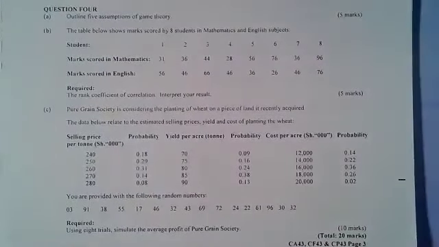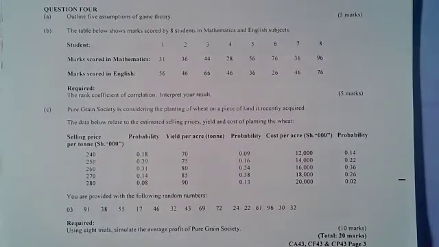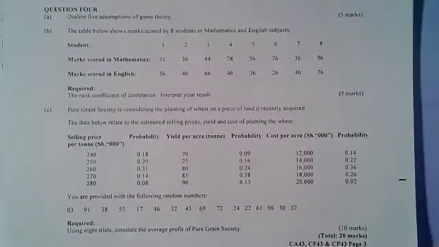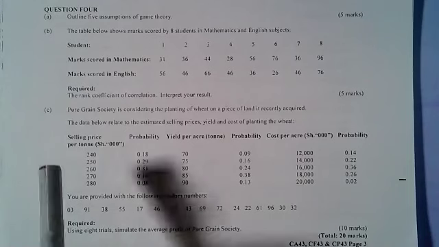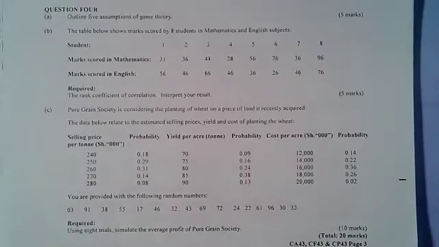Hoping we are there. We are told that we are in part C. Pure Grain Society is considering the planting of wheat in a piece of land it recently acquired.